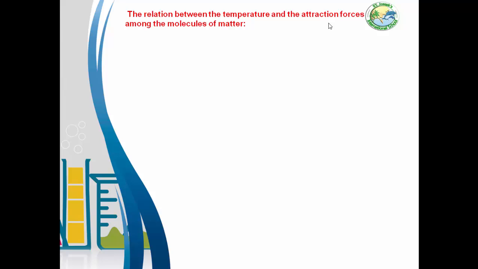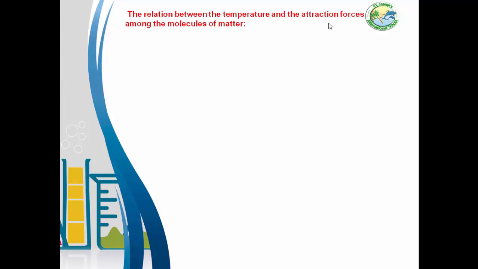So the speed of the molecules increases. They gain energy, so they will be very active. The speed will increase, and this energy will make them able to overcome the intermolecular force, the attraction force between them.